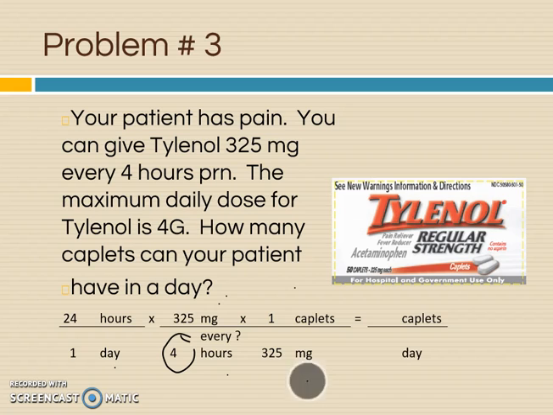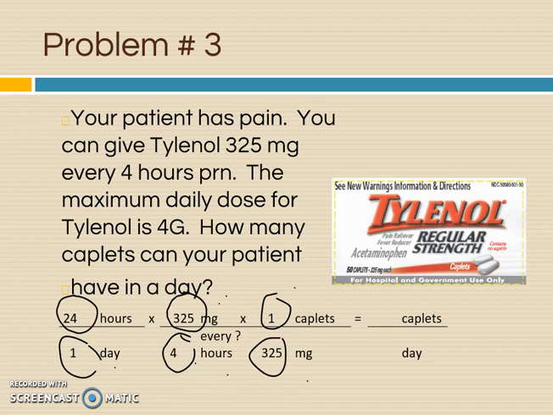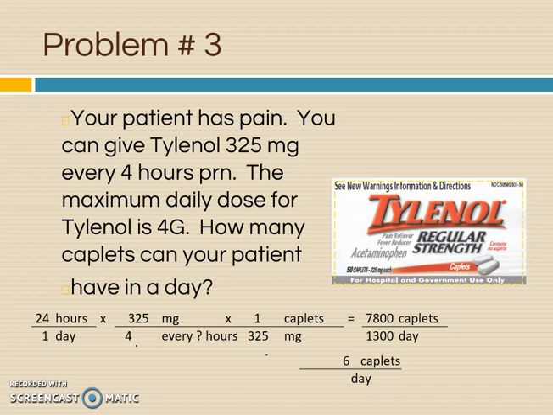One caplet is 325 milligrams. So we multiply across: 24 times 325 times 1, and here 1 times 4 times 325. And that gives us 7,800 caplets in 1,300 days.